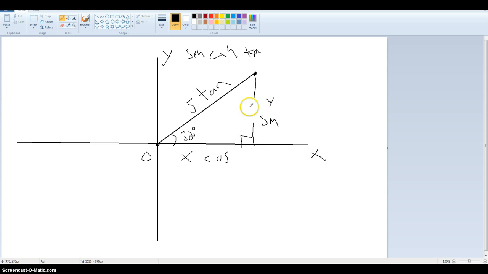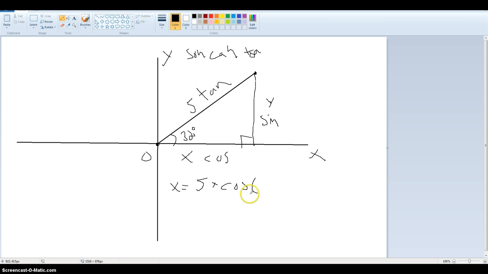So if you want to calculate x first, we need this hypotenuse length and the cosine. So we multiply this cosine with the length of the hypotenuse.